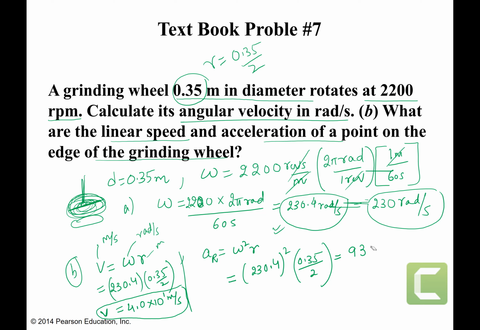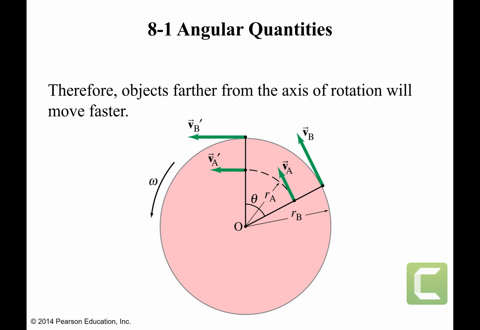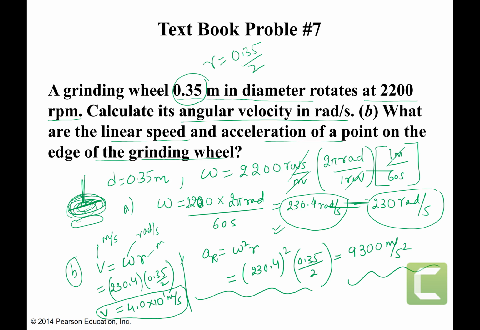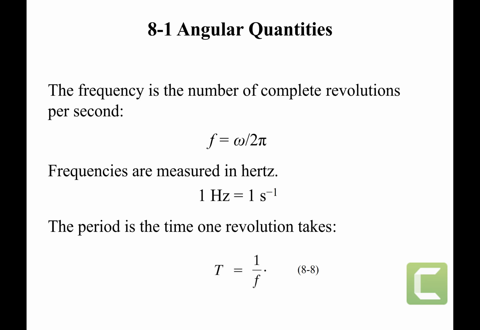Can you believe it? These numbers are really high, meters per second square. Okay, this is how you solve these problems. I'm looking at any other problem. No. So we'll look at other quantities next time.